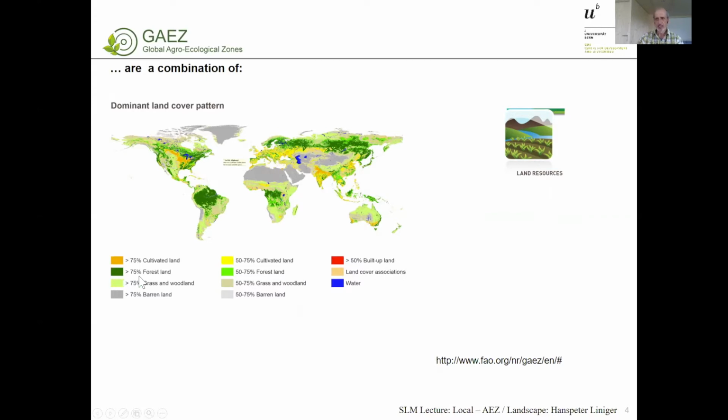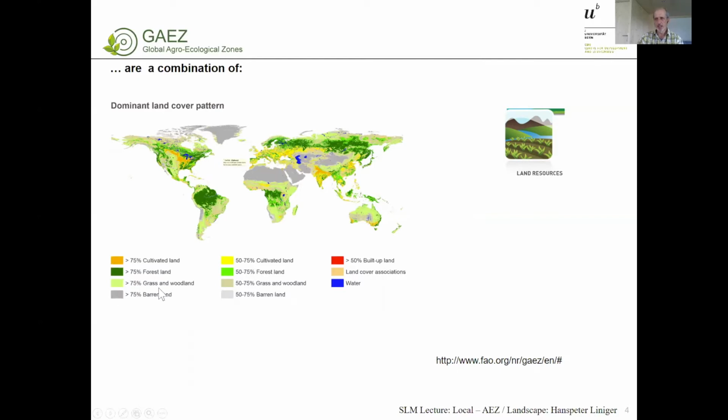Second line is forest, mainly forest land, and land cover associations related to forest and other land uses. You can see this spelled on the forest very nicely.